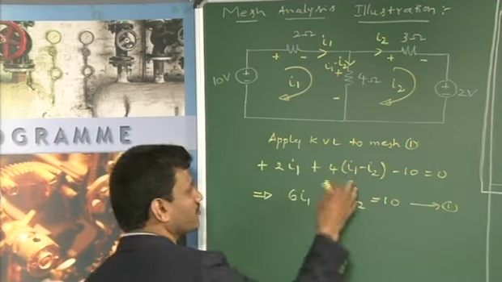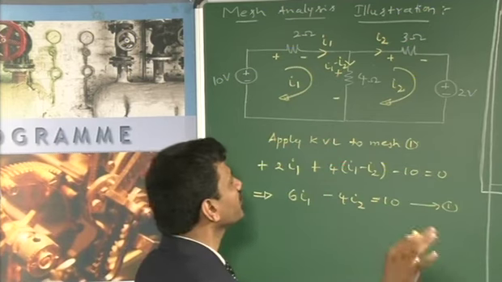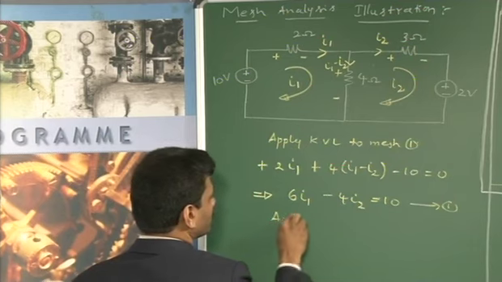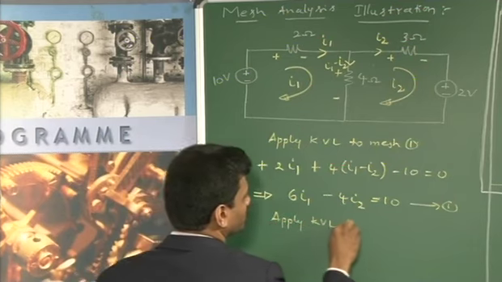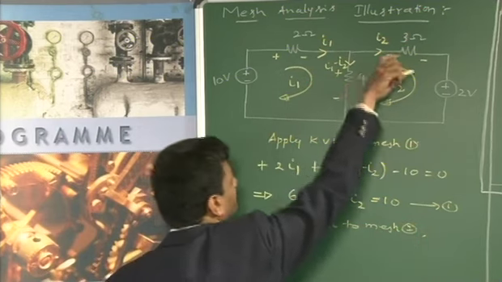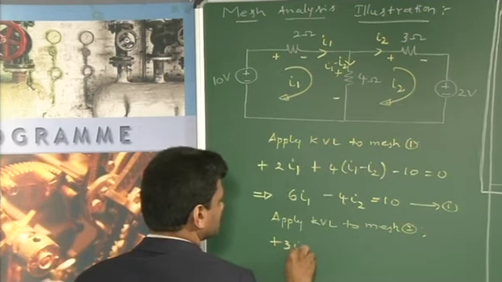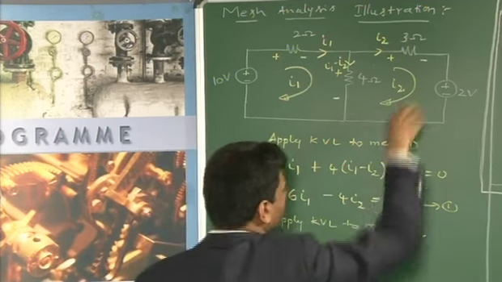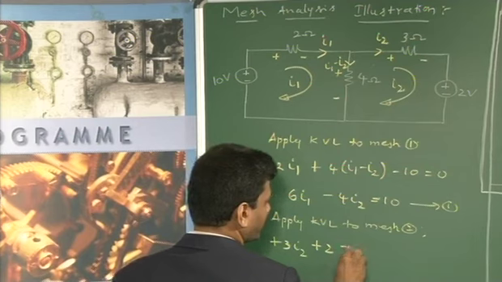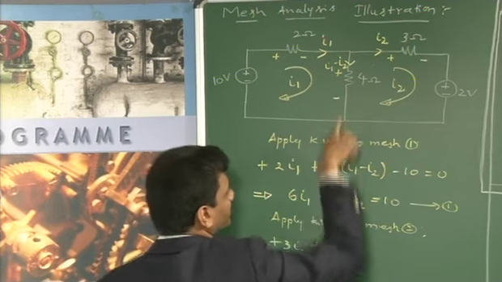Next, we have applied KVL to mesh 1. Now we will apply KVL to mesh 2. So plus 3 I2, then plus 2, then minus this drop.